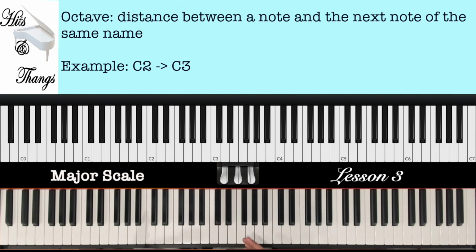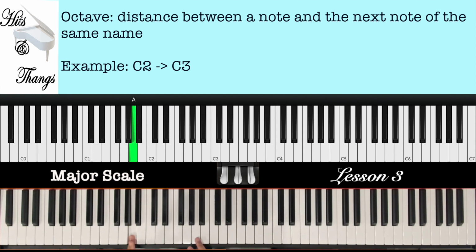Before we start, it's important to learn about the concept of octave. In music, octave essentially refers to the distance between two identical notes. It comes from octave meaning 8. There are 7 notes in music, as I said, A through G, and then after that you go back to A. So that's why it's 8.